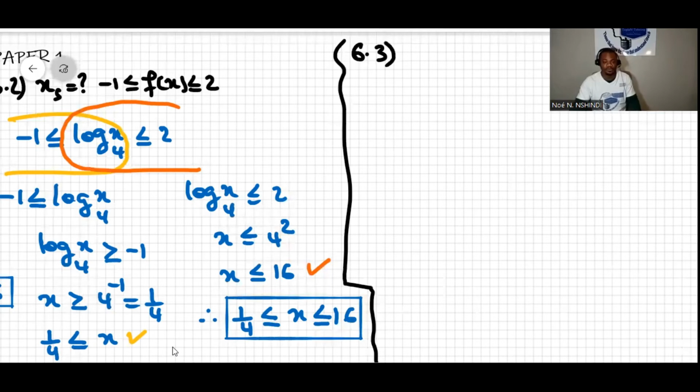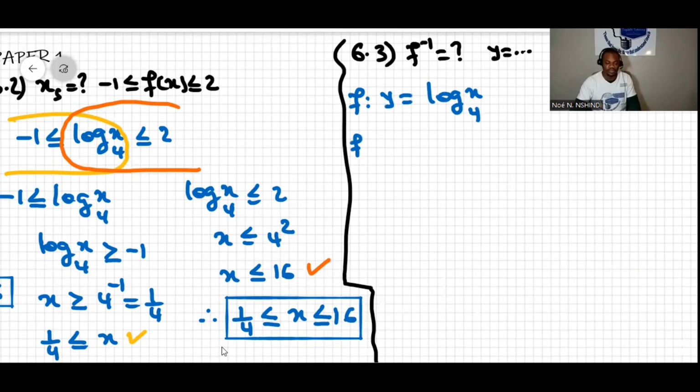We're looking for f minus 1 here, in the form y equal to. Now, the function f is given by y equal to log of x base 4. So f minus 1 is where we switch the variable x with the variable y.